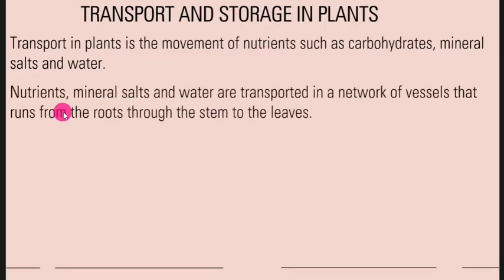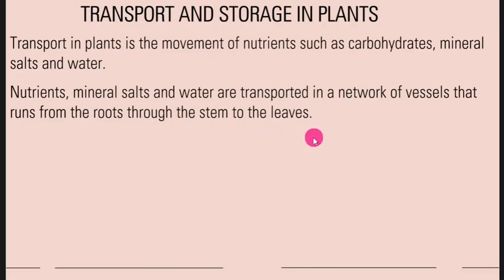So nutrients, mineral salts, and water are transported in a network of vessels that runs from the roots through the stem to the leaves. What is being stated here, guys, is this: the nutrients, which ones are these? Proteins, or rather amino acids, and then sugars or glucose, then minerals and water are transported in a network of vessels that runs from the roots through the stem to the leaves.